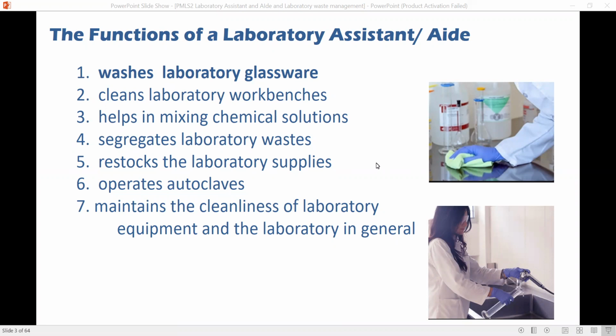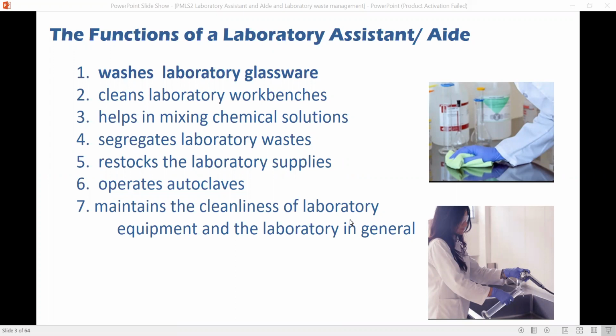A laboratory aide also segregates laboratory wastes, which is why we will also study laboratory waste management later, and restocks the laboratory supplies, operates autoclaves. In the laboratory, I'm going to show you how to operate an autoclave. And maintains the cleanliness of laboratory equipment, the surface of the laboratory equipment, and the laboratory in general.